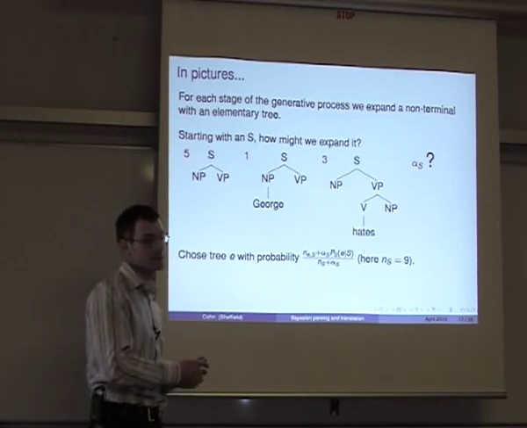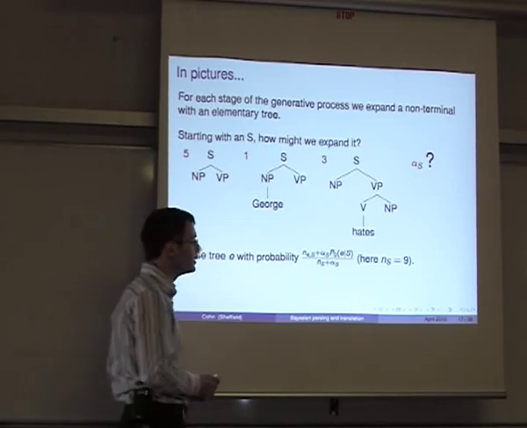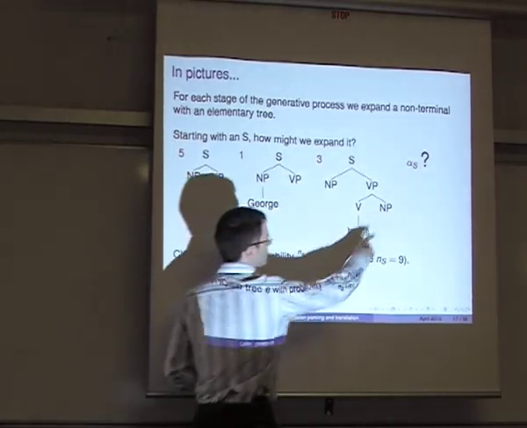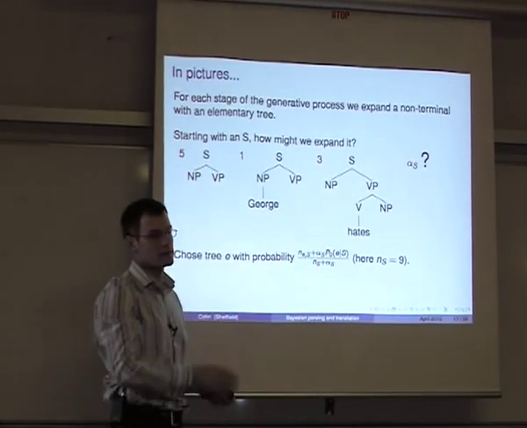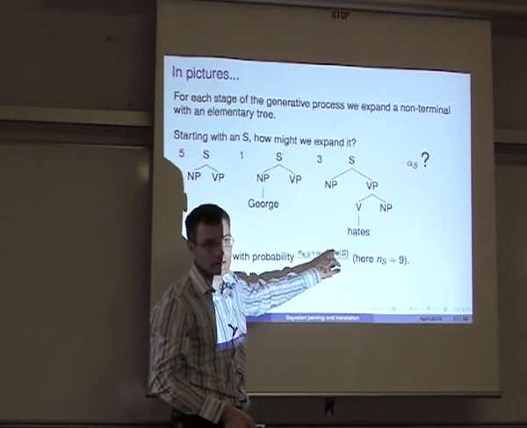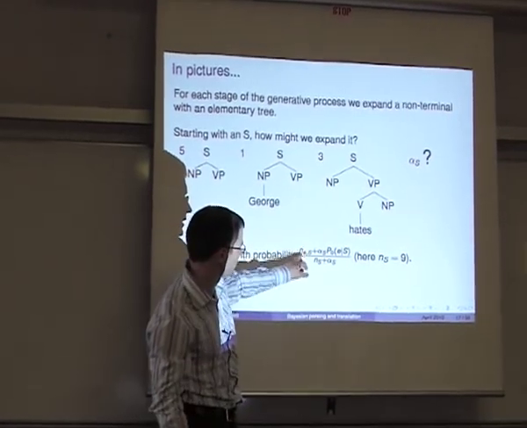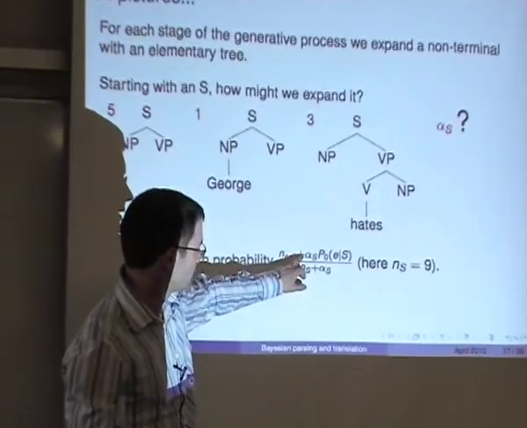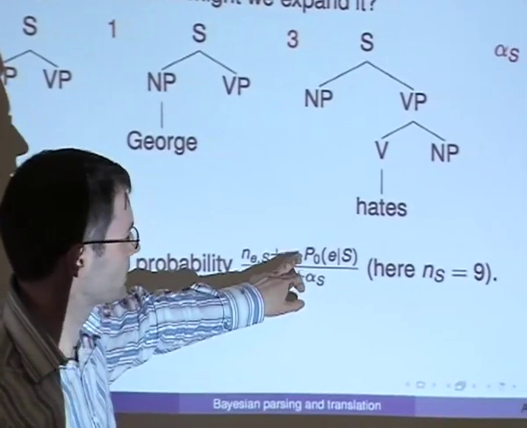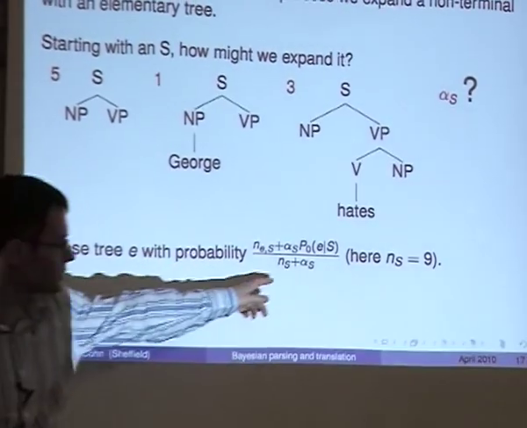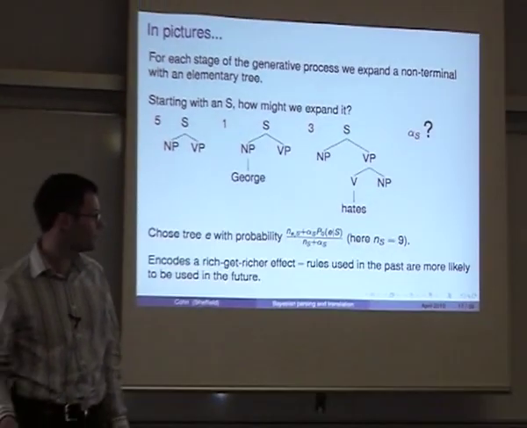And this is going to be a very simple distribution, which I'll describe in a moment, which will give us a new tree. And bear in mind that the new tree can equal one of the old trees. So the probability ends up with this additional term here. You draw a tree E with probability proportional to its weight, its count, plus alpha times the probability of drawing it as a fresh tree. And then there's just a normalizing term on the bottom here.